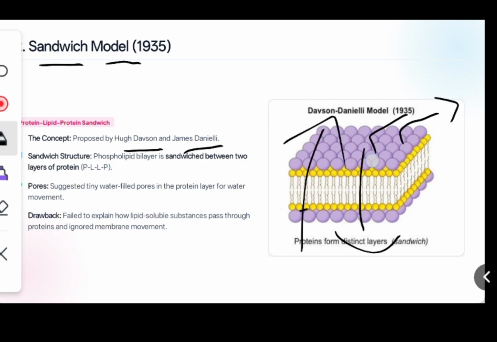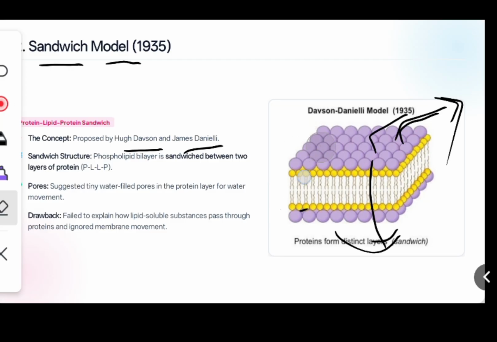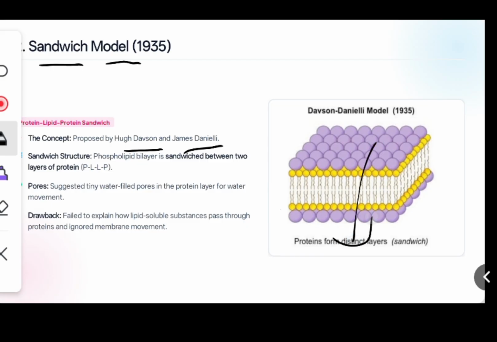Through these small pores, the transportation will be done. They explained like this, but the main drawback is it doesn't explain the passing of lipid soluble substances, as I already told you in the previous model also. So in this model, they said through the small pores the molecules will enter into the cell and go outside of the cell.